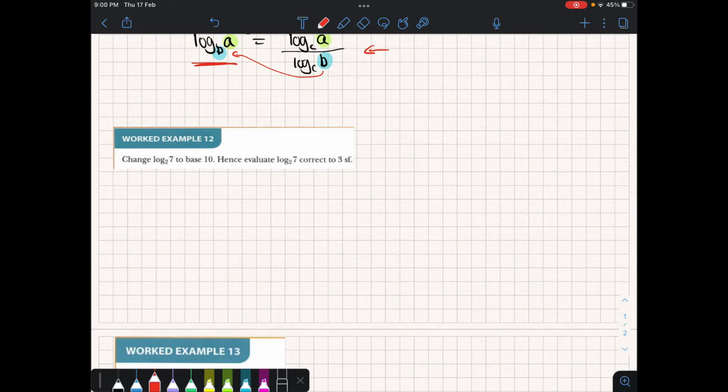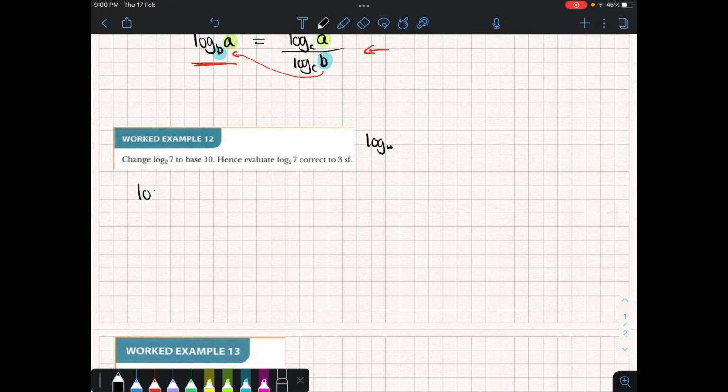So the most simple reason would be if we didn't have a button on our calculator that had log base 2, or we couldn't select the base, and the only button we had available to us was the log button, which is to base 10. Okay, so remember, if we just write log, it's implied base 10.